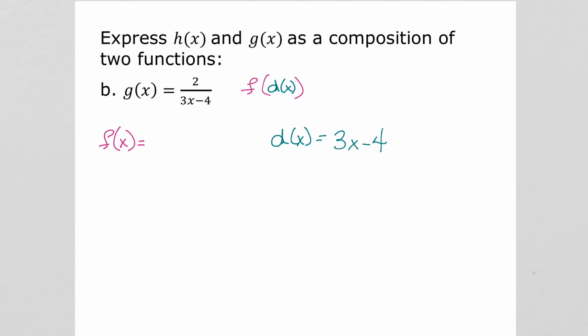So 3x minus 4 is inside the fraction of 2 over x. Can you see that? The 3x minus 4 just went in place of this x here and became f of d of x. And that concludes the section on combinations of functions.